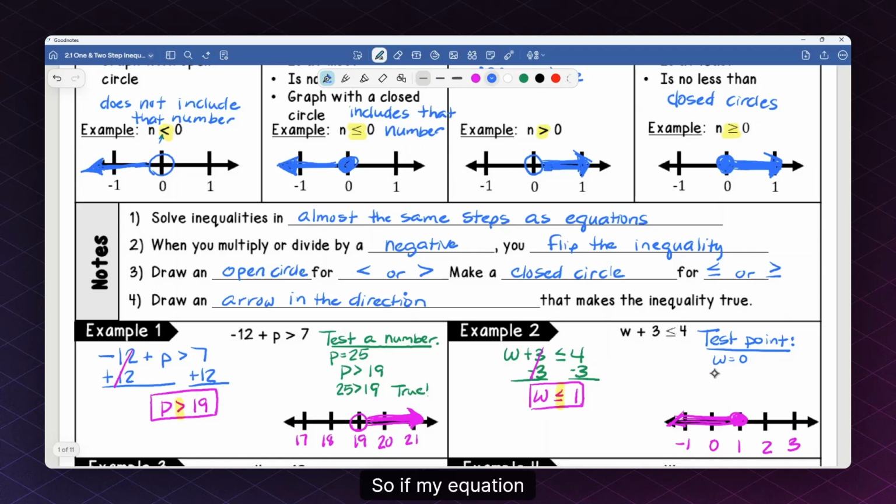If my equation is W plus 3 is less than or equal to 4, and I substitute 0 in for W, I get 0 plus 3 less than or equal to 4. Well, is 3 less than or equal to 4? It is a true statement. Because that's a true statement, we're going to shade in the direction of 0, and that's the way we shaded it. We shaded the direction that included 0. If it came in with a false statement, we would shade the other way.